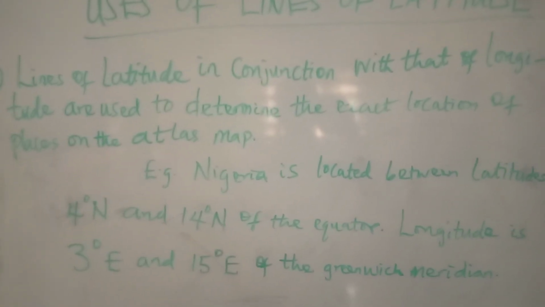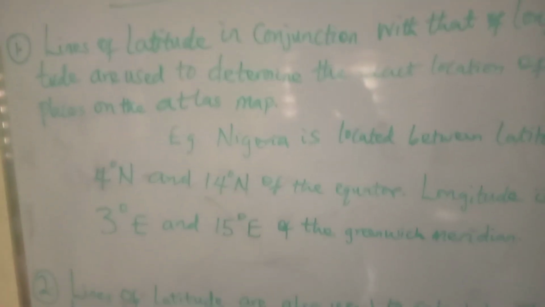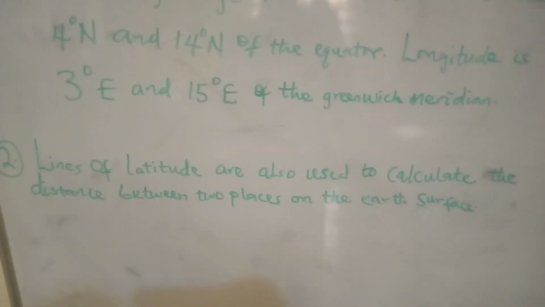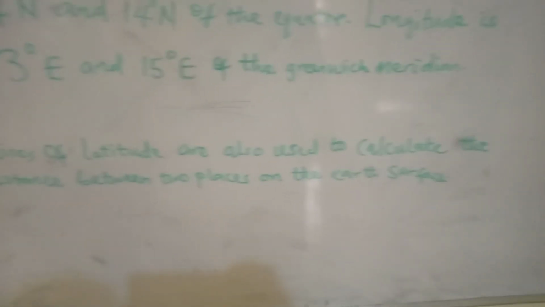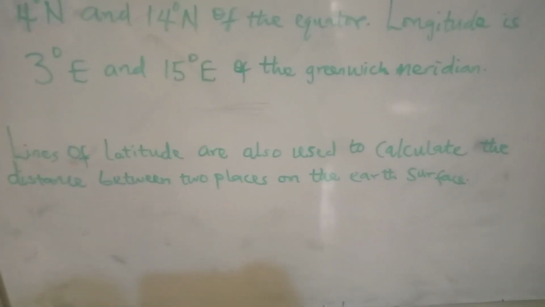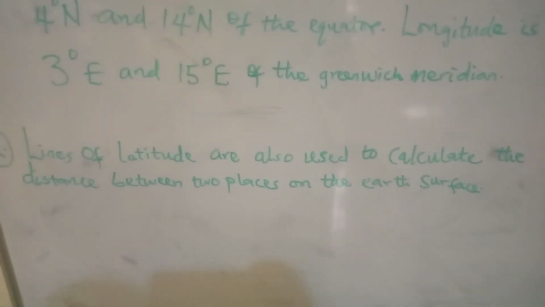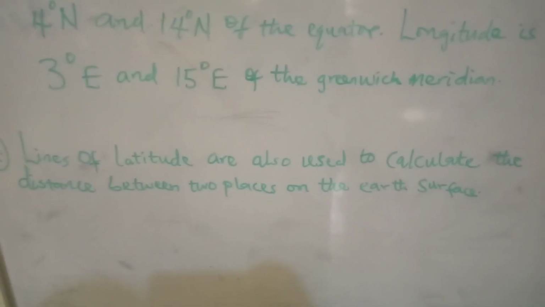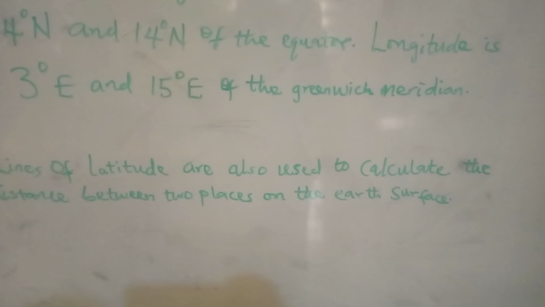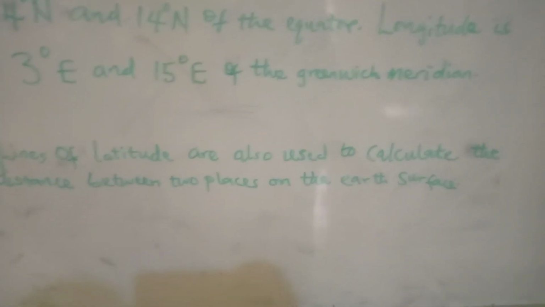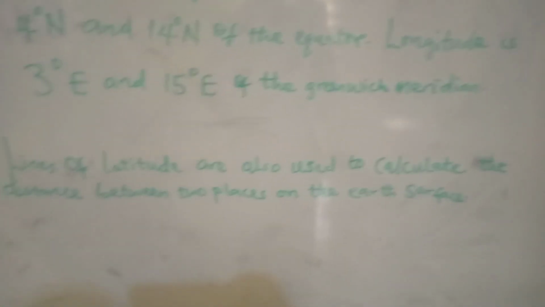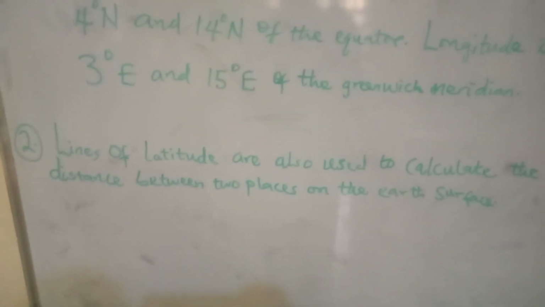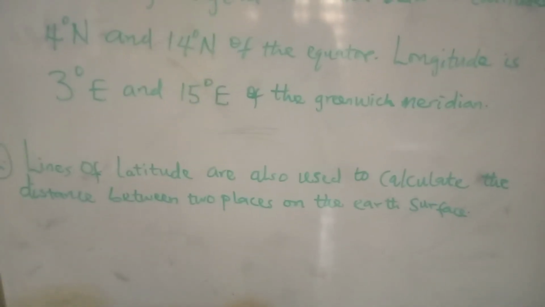And also, the second one is lines of latitude are used also to calculate the distance between two places on the Earth's surface.